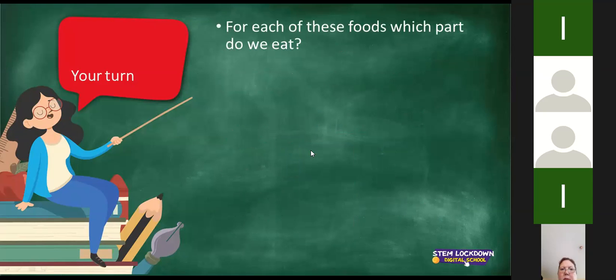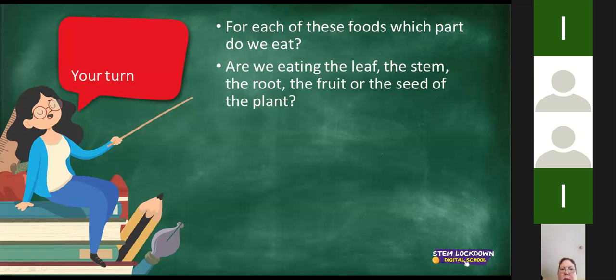Right. Next one. For these foods that I'm about to show you, tell me which part we eat. You need to tell me if we eat the leaves, the stem, the root, the fruit, or the seed of the plant. So I'm going to show you different pictures, and you need to tell me which part of it we eat.